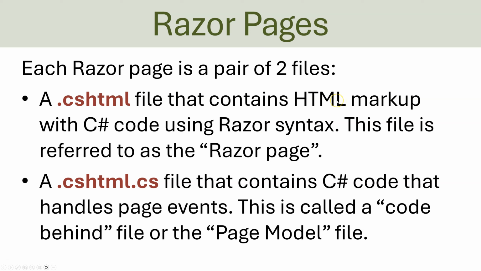And you can also blend in CSS, JavaScript, etc. into this file as well. This file is referred to as the Razor page, while this .cshtml.cs file contains pure C# code, and this file is sometimes called the code behind file or the page model file.